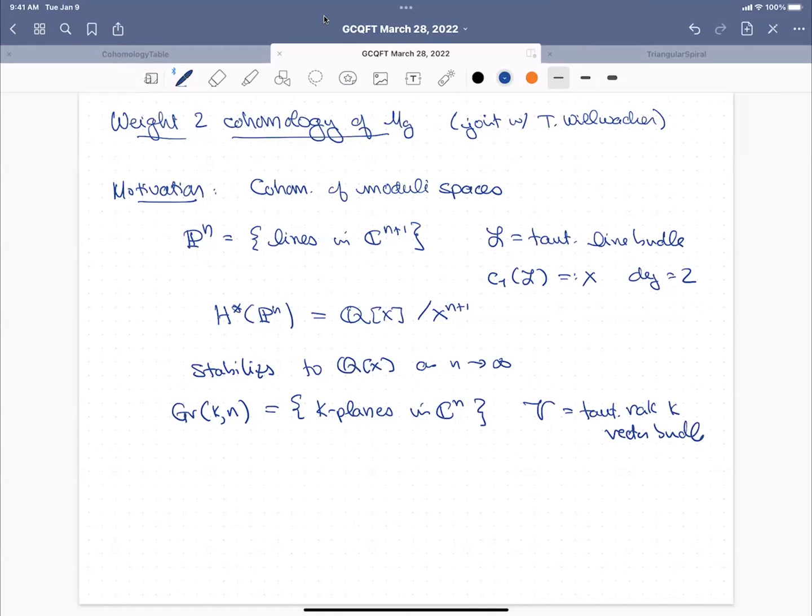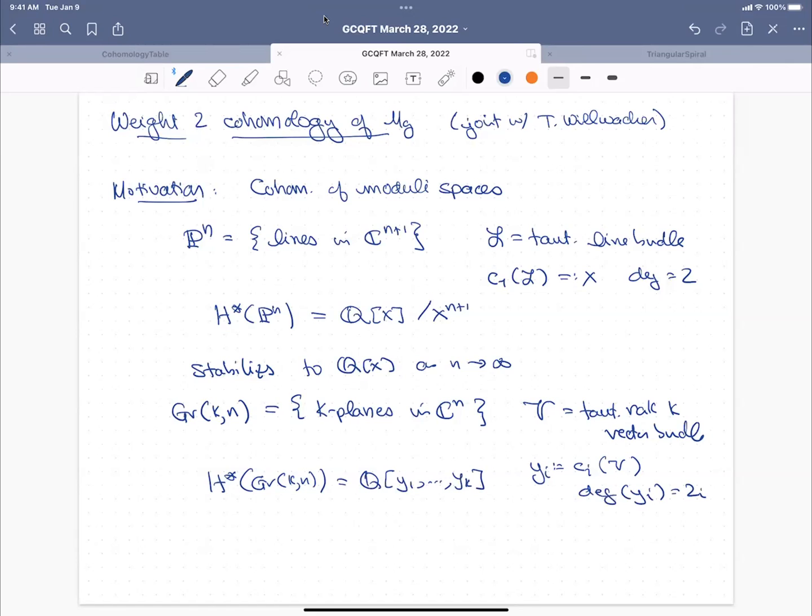So let's say that y_i is c_i of V, and so then we could look at the cohomology of the Grassmannian. And so, well, it has y_1 through y_k in there. And so notice that now the degree of y_i is 2i. So we have generators in some different degrees.